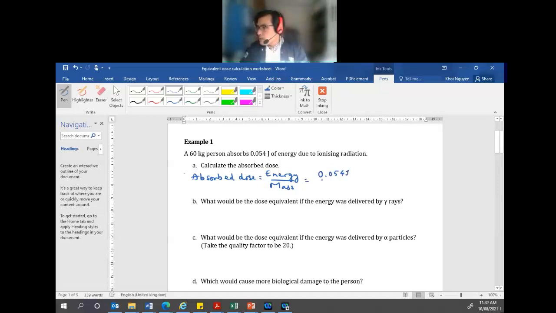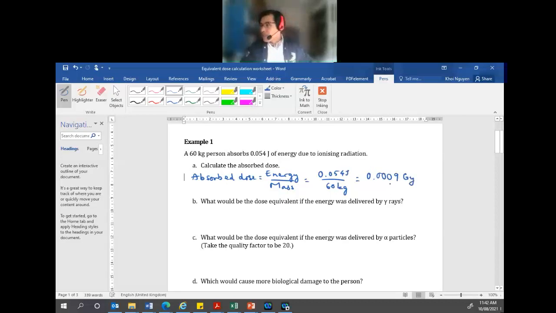So we have 0.054 joules divided by 60 kilograms, and you just have to put it into your calculator and you can work it out. Using my calculator, 0.054 divided by 60, I get an answer of 0.0009 gray.